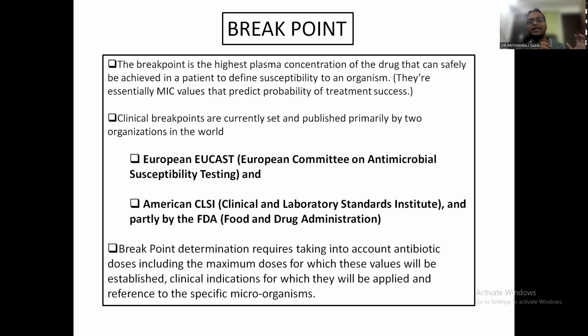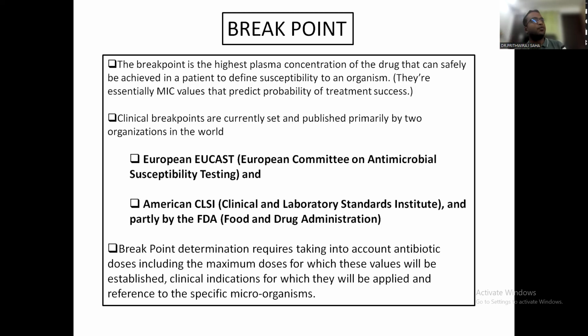We have learned MIC. So the lab said that the MIC is 4 or 8 microgram per ml. That means the bug in that patient will be inhibited by this drug at a concentration of 8 microgram per ml. Clear?